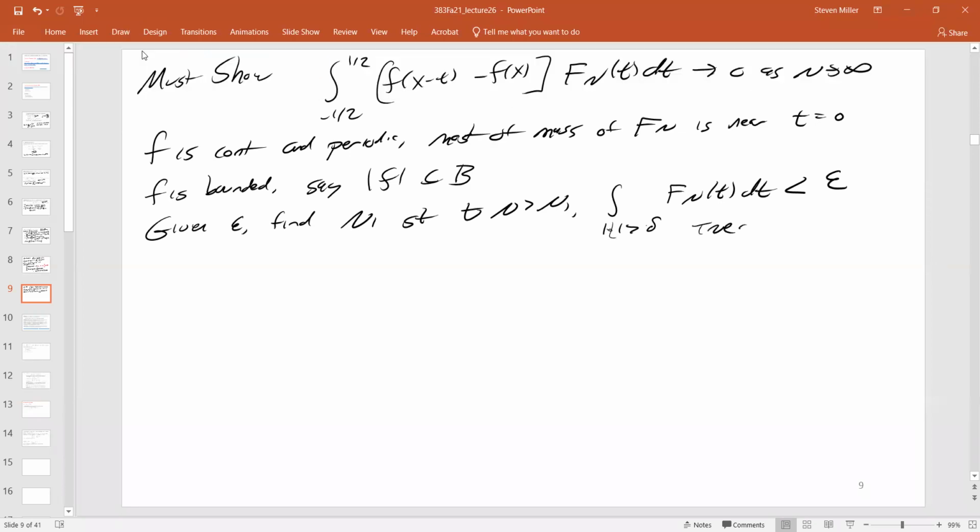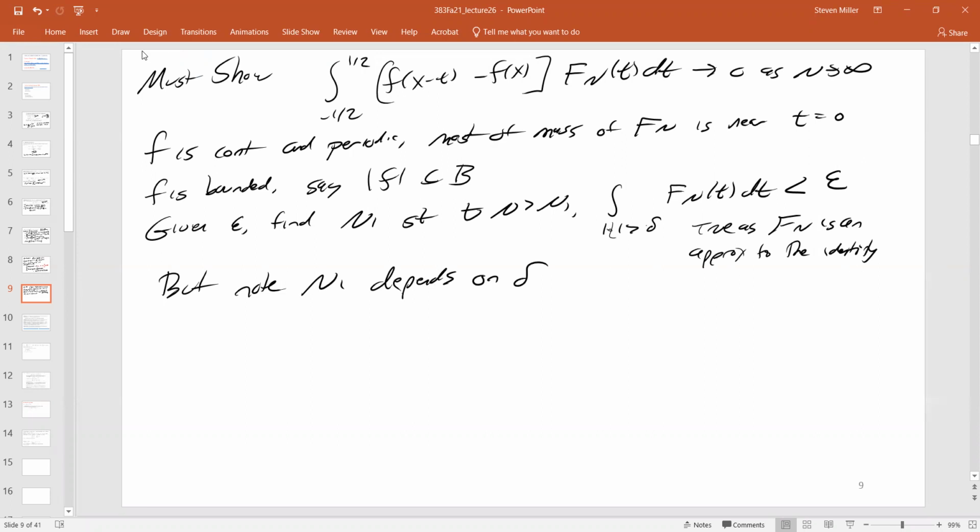Yes, true as Fn is an approximation to the identity. But note, n1 depends on delta. If you give me a delta, I can clearly choose an n1 so large that the area under the curve beyond delta from the origin is as small as I want.